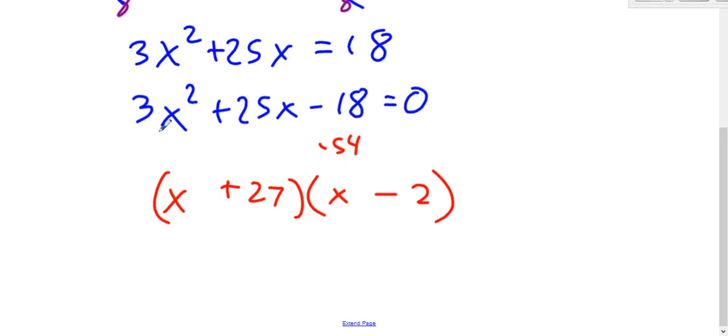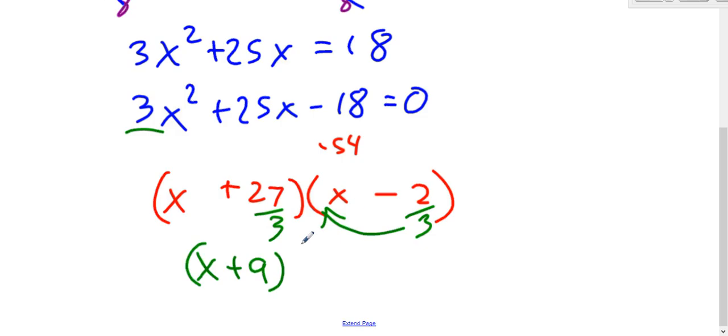But the bottoms up trick is that there's a 3 in front, so now you have to divide by 3. If it reduces, reduce it. So this is x plus 9. If it doesn't reduce, then you bring the bottom up. 3x minus 2. So if you go back and check, that does work out.